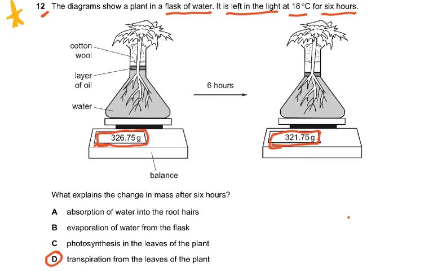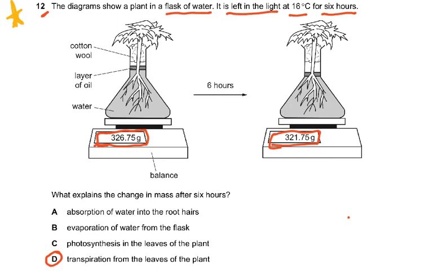It couldn't have been absorption of water into the root hairs. Yes, the water is still there, but we are measuring that the mass has decreased. Evaporation of water from the flask, how could that explain it? There's a layer of oil on top of it. Photosynthesis in the leaves of the plants, but that's using up the water. It's making glucose and oxygen. And transpiration from the leaves of the plant, that is the one.